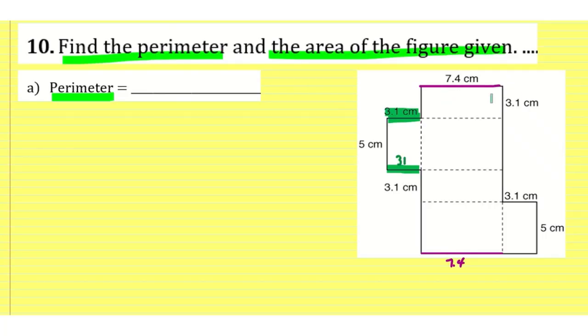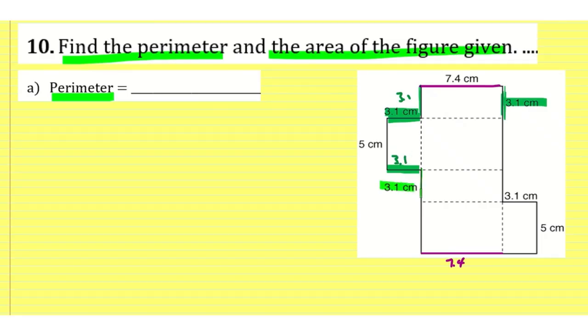Then we have a measurement of 3.1 here that's talking about this length, and its matching piece over here is also 3.1. So let's go ahead and label this 3.1. Then we also have a 3.1.